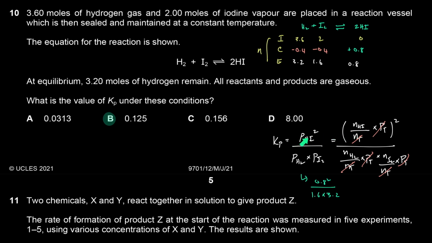Because in this particular case the units in the numerator and the denominator were canceling each other out, the total number of moles and the total pressures were canceling each other out. So what we realize is that the ratio between the moles is the same as the ratio between the pressures. So only when Kp is unitless, you can solve for Kp without using the partial pressures. You can just directly use the number of moles. Okay.